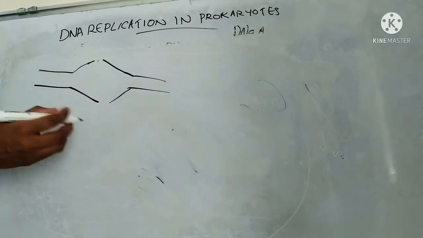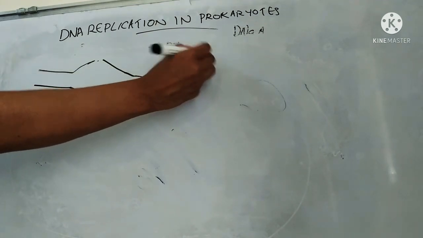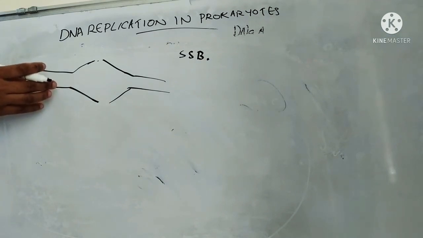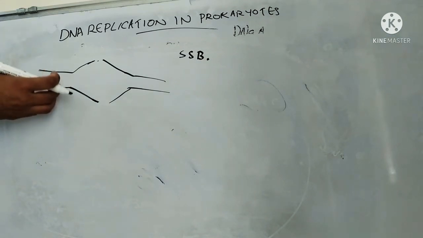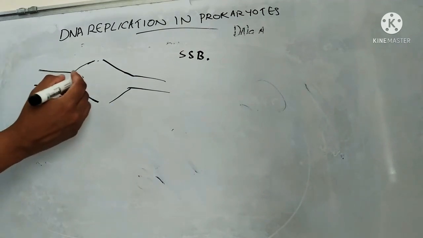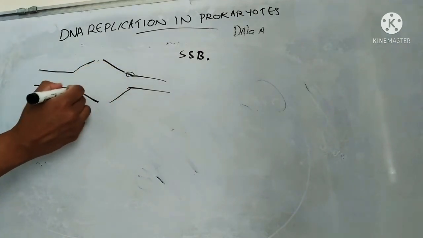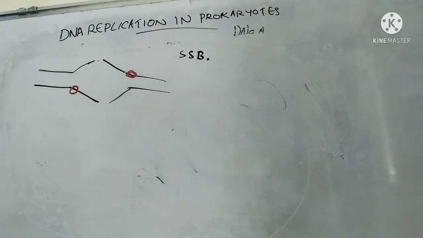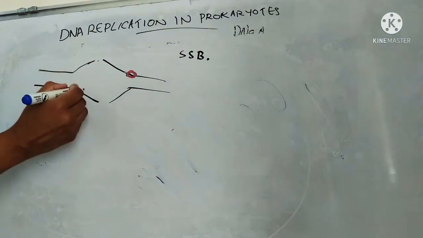Then SSB protein, single stranded binding protein, will bind to the single stranded DNA and it stabilizes the strand separation, or it prevents the strands from renaturation. So here it is helicase, and the single stranded binding proteins will bind.